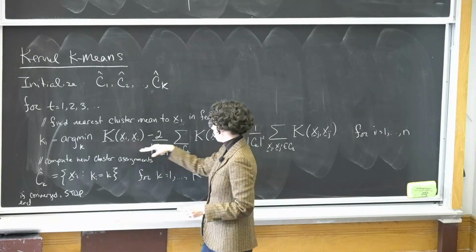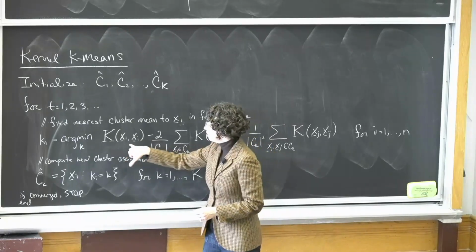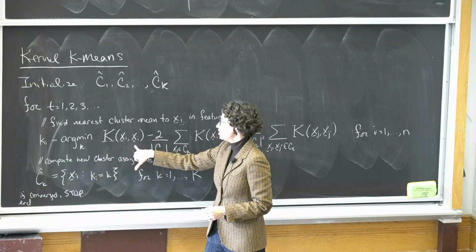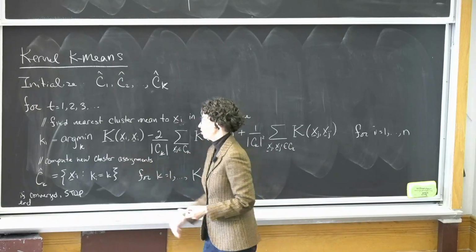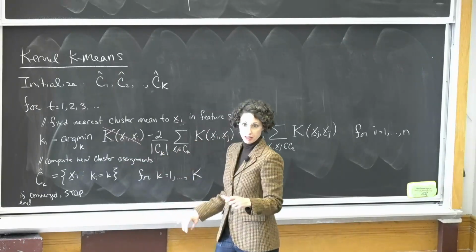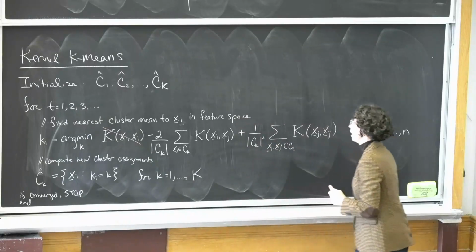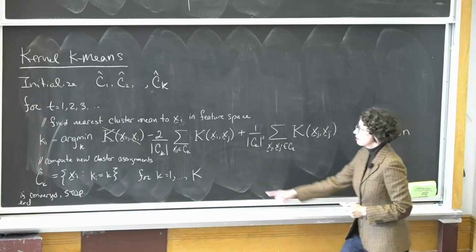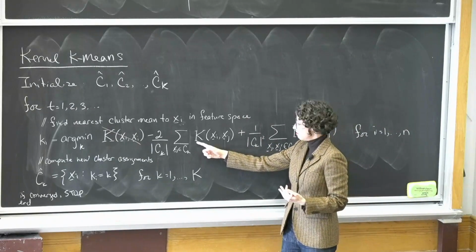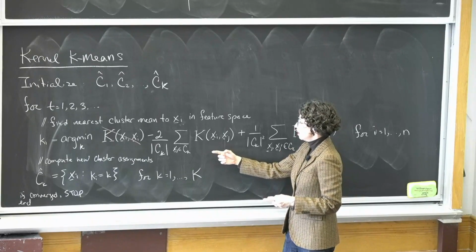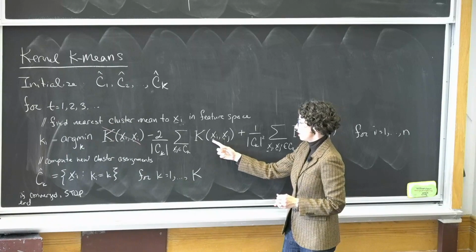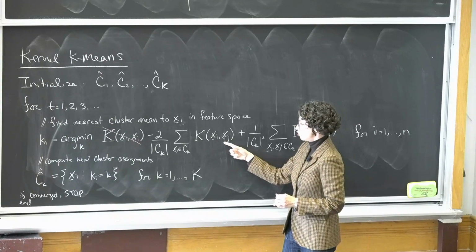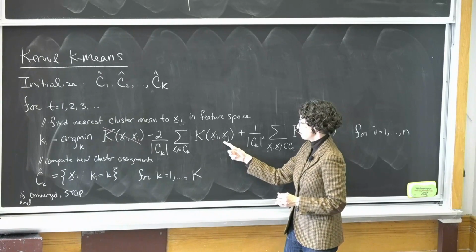So in this optimization problem, this value in the first term is the same regardless of which cluster I'm considering, so I don't even have to consider it. And then here, if we think about this kernel function as measuring similarities, then I can think about this as saying, what's the average similarity between my current point xi and all the xj's in cluster K?